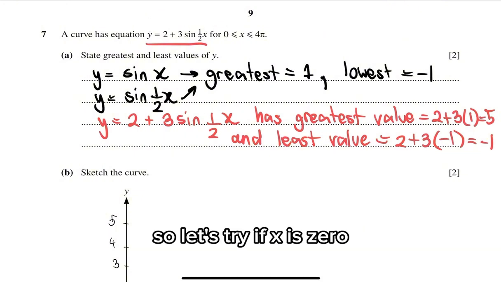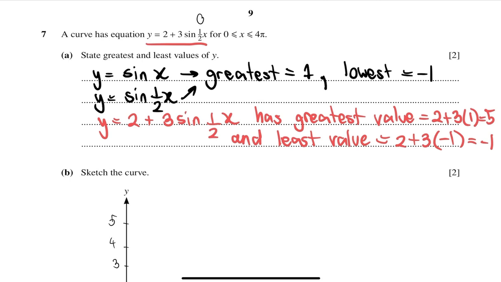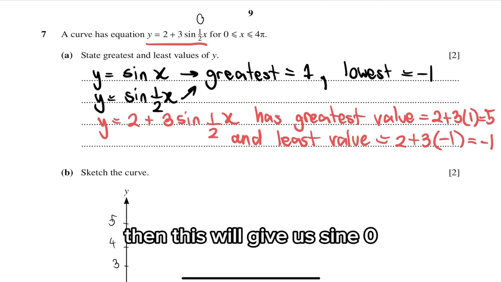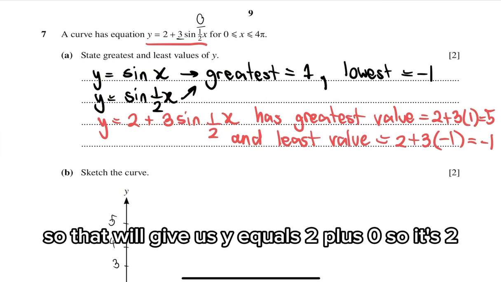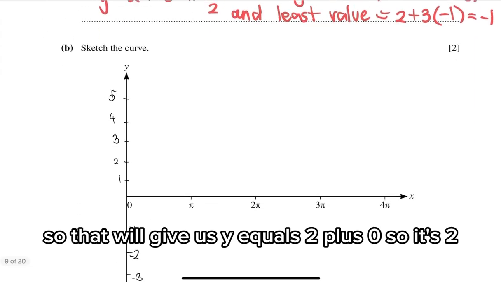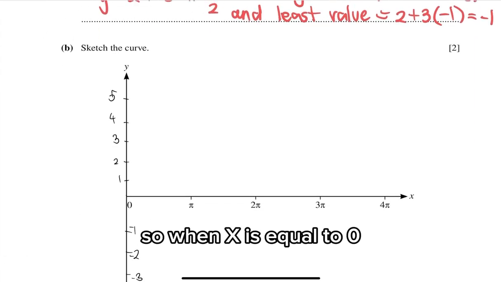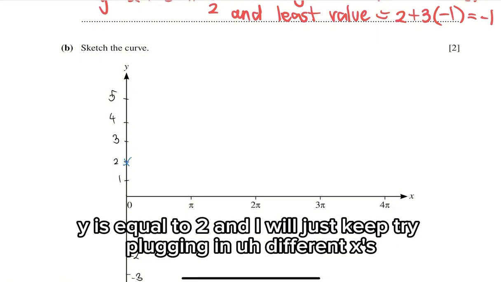If x is 0, then this will give us sine 0, which is 0, and 3 multiplied by 0 is also 0, so that will give us y equals 2 plus 0, so it's 2. So when x is equal to 0, y is equal to 2.